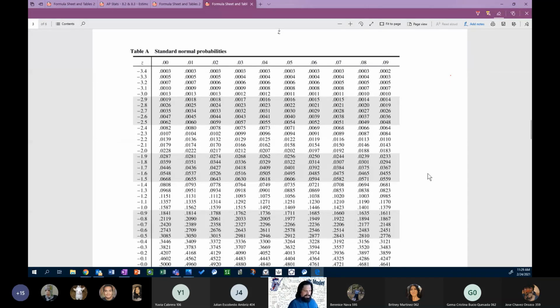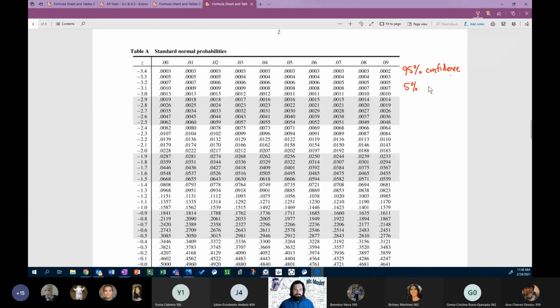So on our Table A here, if I'm looking for 95% confidence, that leaves 5% for the tails of my standard normal curve, because the confidence captures that center 95%. That's where my interval is.